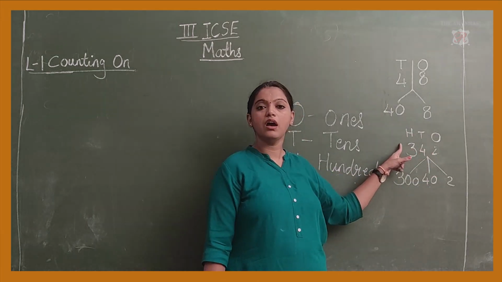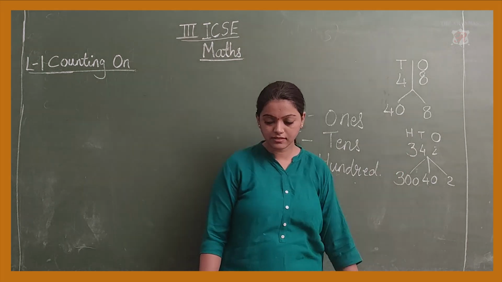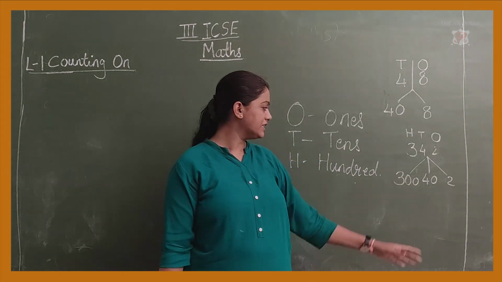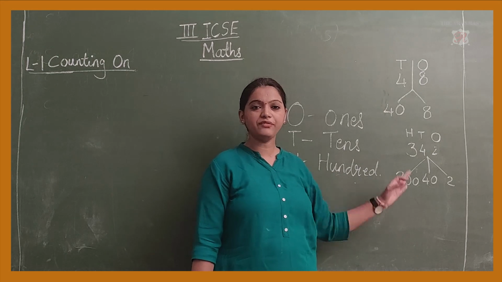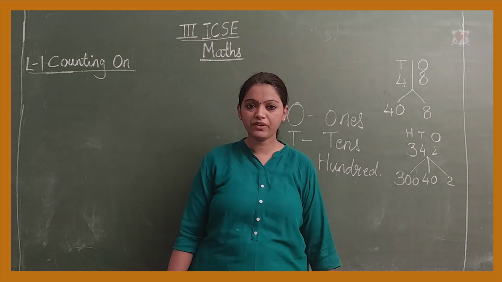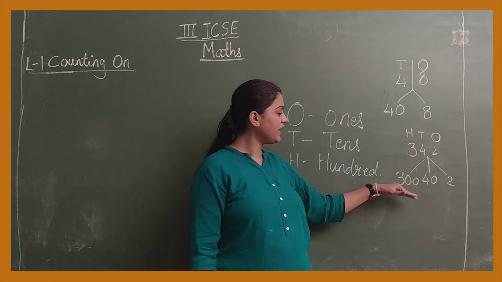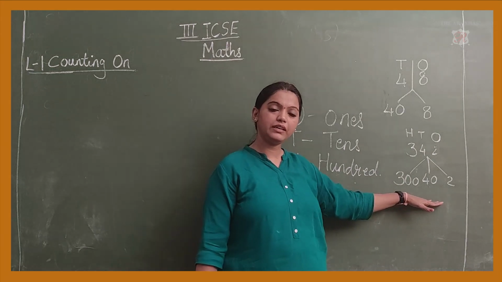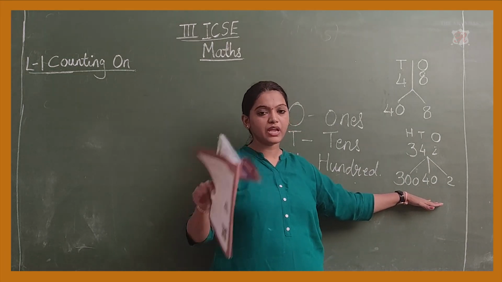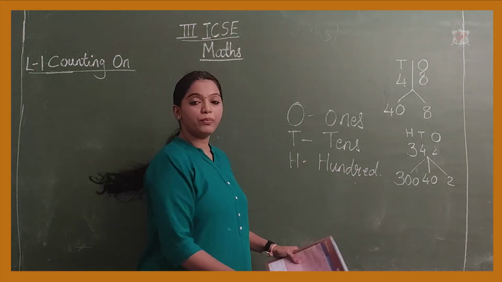Next comes your hundreds. So hundreds, how many digit number do you have? Think and answer. It is there on the board. Hundreds have a 3 digit number. This is what you have learned in the previous class: hundreds, tens and ones. But today we are going to do it in the split manner, that is, we have to split the numbers. I hope you have understood it.